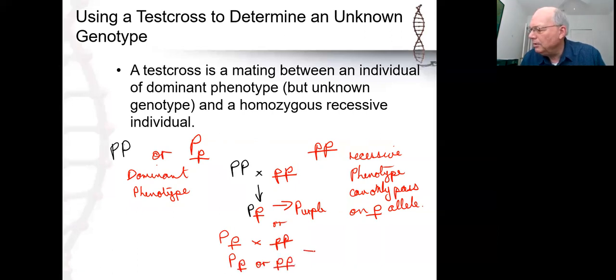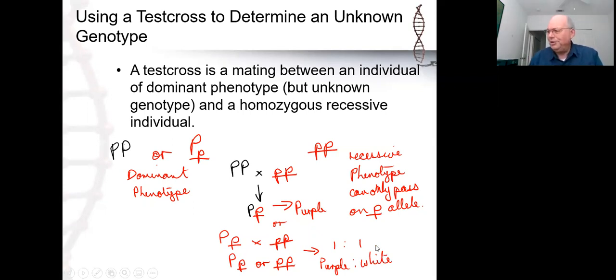And so what you're going to get is 1-to-1 purple to white. Again, the reason why this works is because the individual who shows the recessive phenotype is homozygous for it and can only pass on one particular allele, in this case, the little p allele or the white allele.